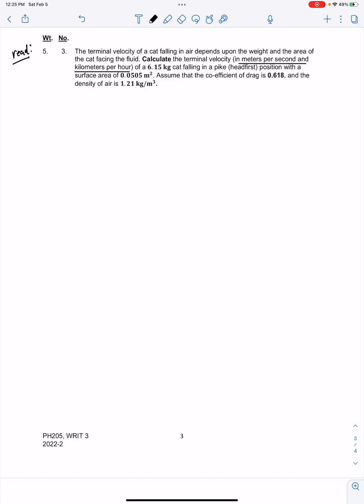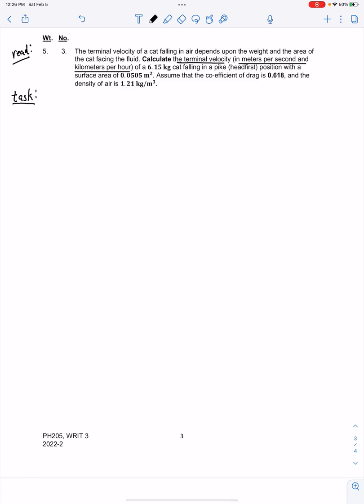Okay, all right, so this is a terminal velocity problem. It's a drag problem, and we're going to have to execute this as such. So let's use our problem-solving process to get after this. We've done the read step. The task is to calculate the terminal velocity.